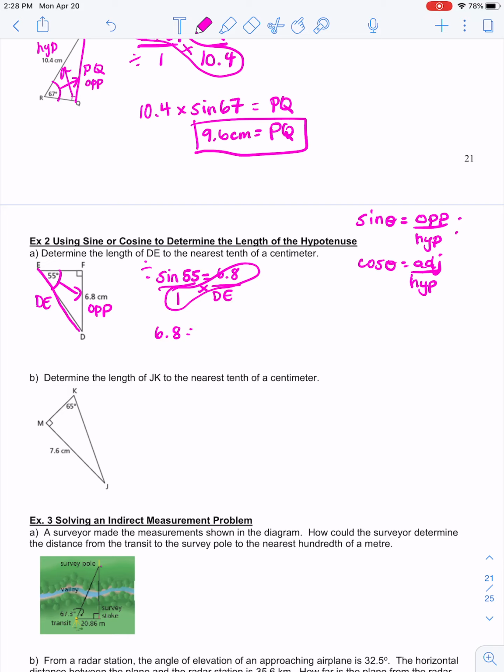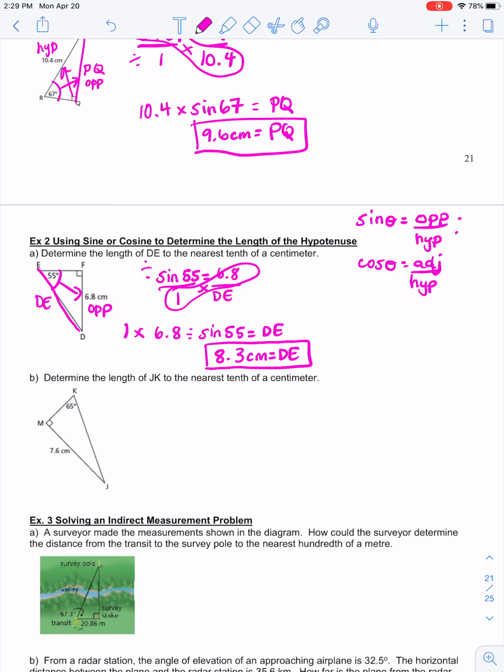So 1 times 6.8, divided by sine 55, is equal to side DE. I know 1 times anything is just itself, so you can do that if you want, but you don't need to. That gives me 8.3 centimeters is equal to side DE.